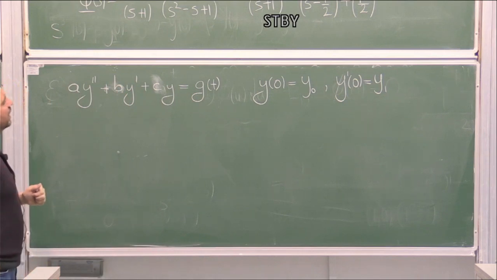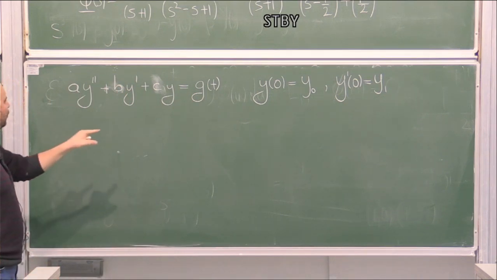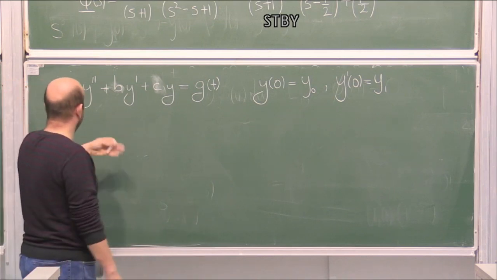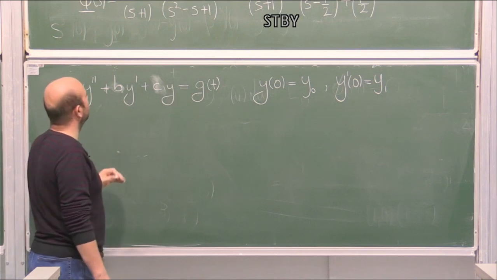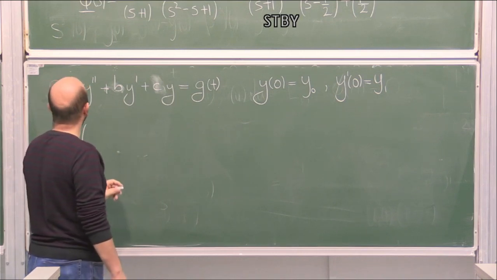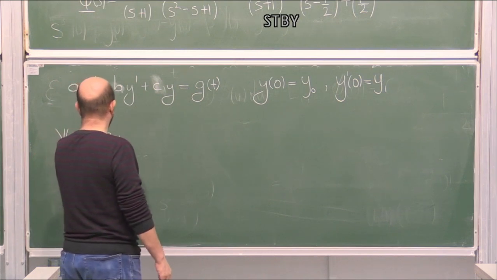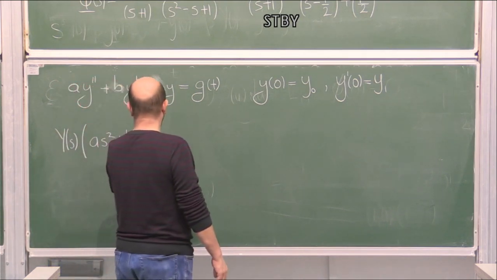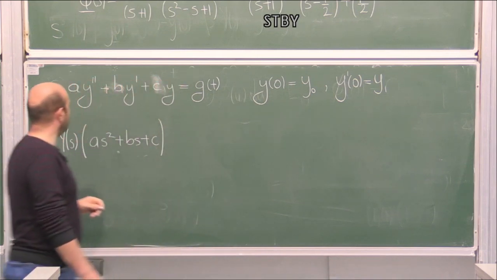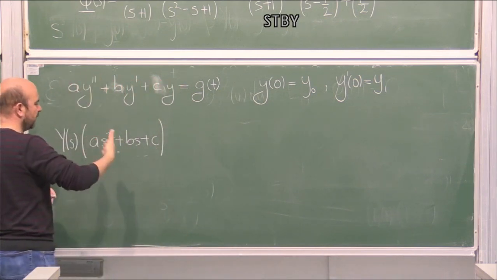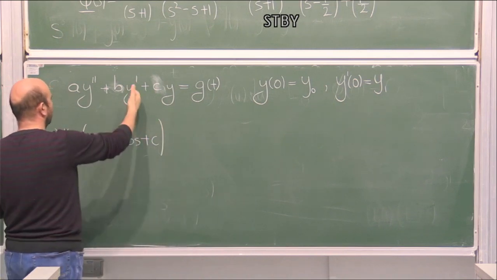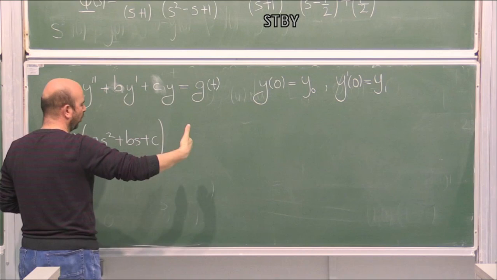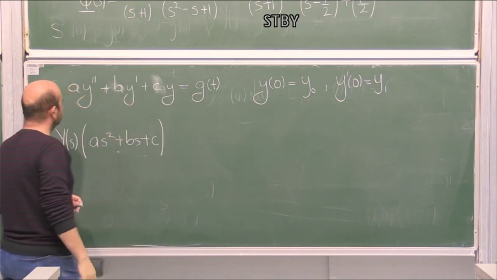Now if we do this, we will get Y of s times (a s squared plus b s plus c), and also from the second derivative we will have minus a s times y0 minus a y prime 0. From the first derivative we will have minus b y0.